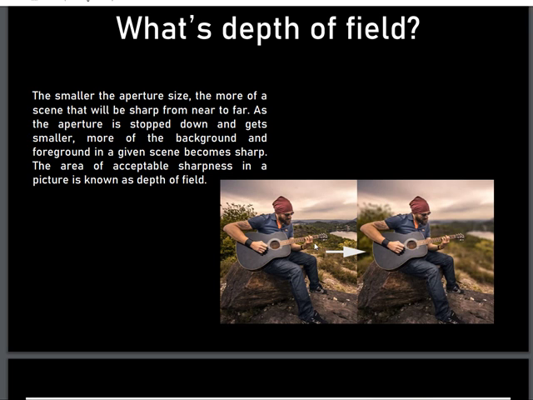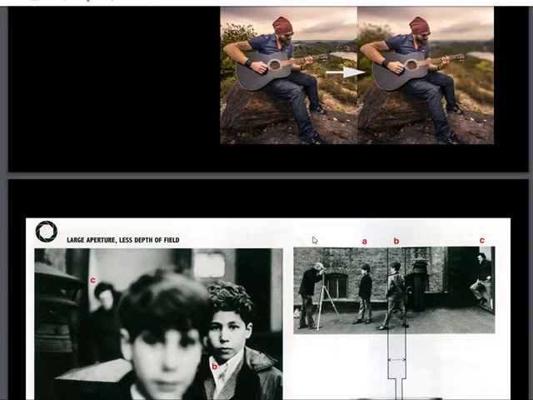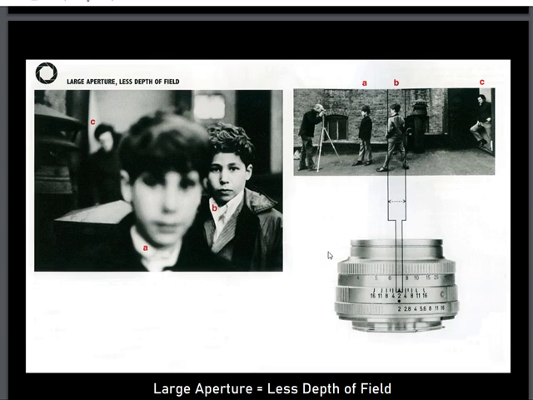What's the picture you want to make? So here's aperture again. In this example, we have this crew, A, B, and C. Now the photographer is going to use a large aperture, and he's going to have less depth of field.